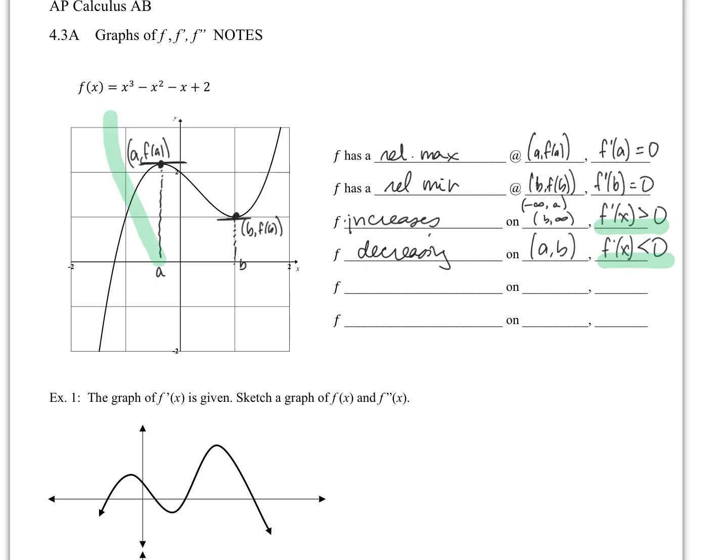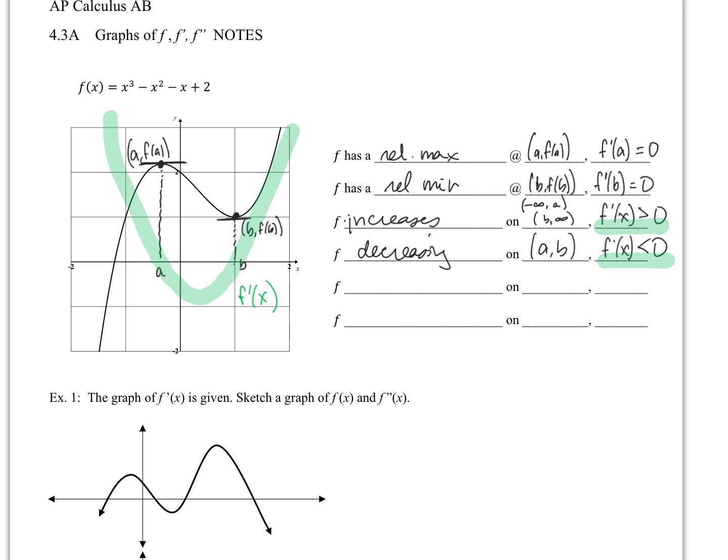And then between a and b, we said it was negative. And then from b to infinity, we said it was positive again. What I just drew is a graph of the derivative. The green is the derivative.